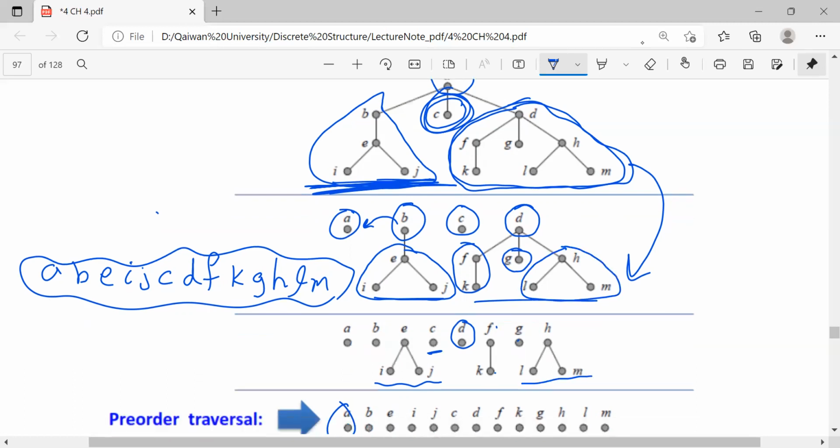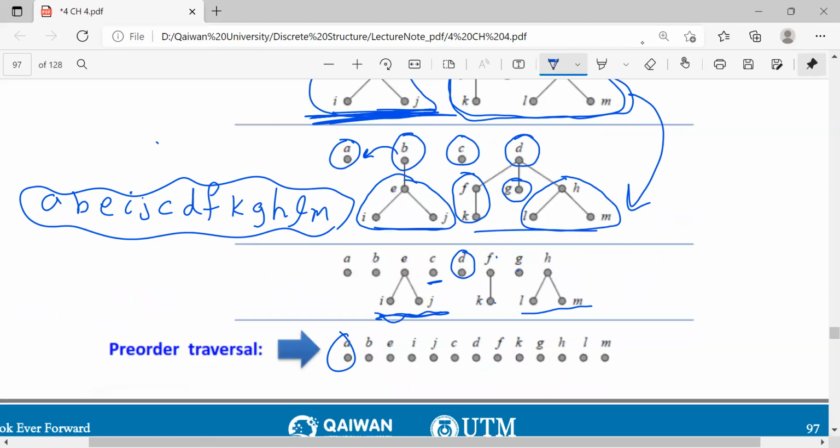That's it. Now we work on these two trees. For this tree, we first write down the left one and the right one. But before these two, we should write down the root. The root is E. So here, between B and C, we have this rooted tree.